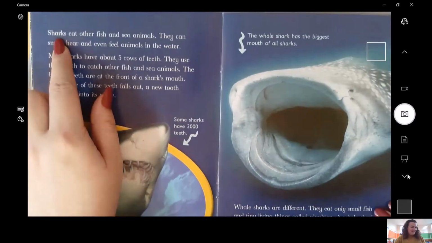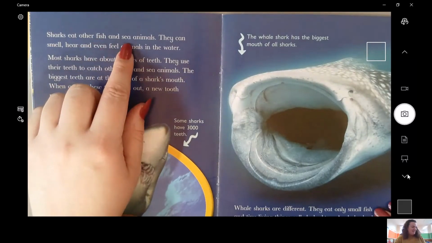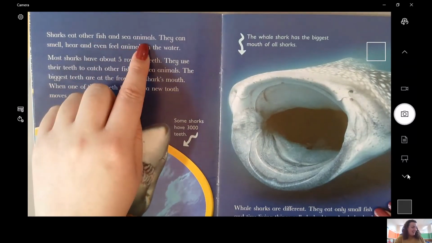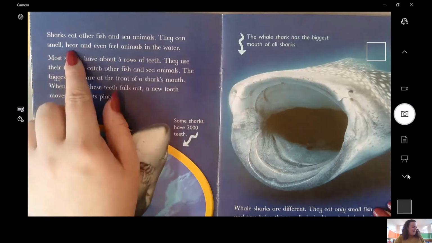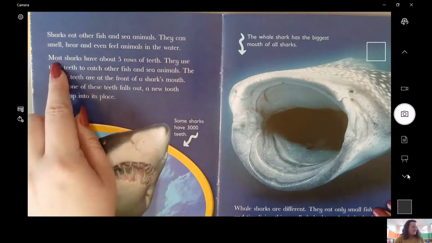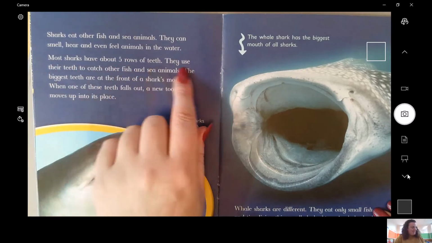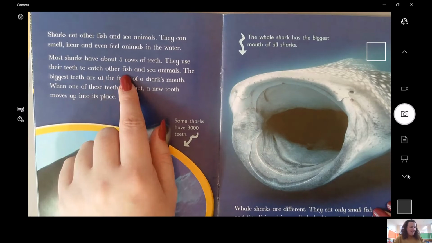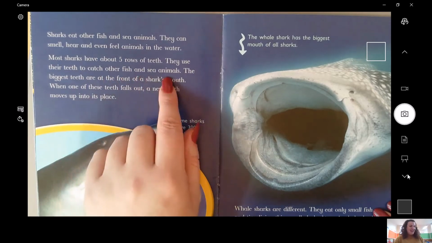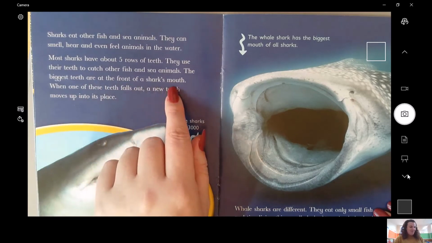Sharks eat other fish and sea animals. They can smell, hear and even feel animals in the water. Most sharks have about 5 rows of teeth. They use their teeth to catch other fish and sea animals. The biggest teeth are at the front of a shark's mouth.